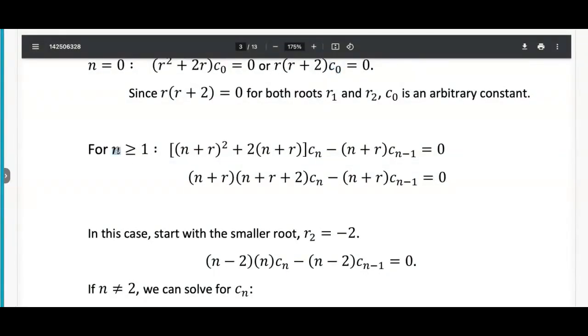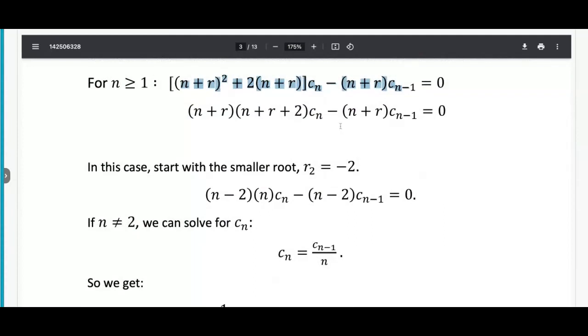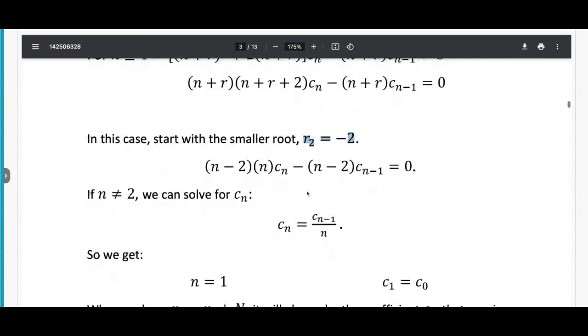For the rest, n greater than or equal to 1, we have this, and we're trying to find a relationship between two terms. So if we start with r2, the solution of r is -2. So what do we get? We get this, right? We could see Cn and the Cn minus 1 term have such a relationship.